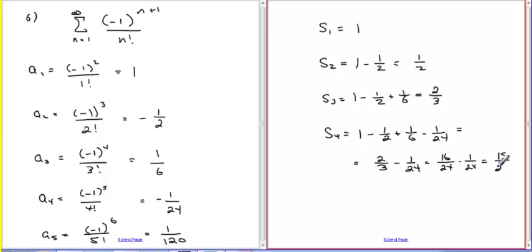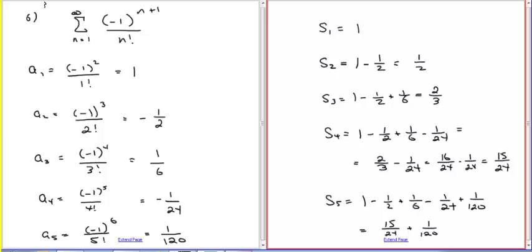And S5 is going to be 1 minus a half plus a 1/6 minus a 24th plus 120th. And I've already gotten the first 4 terms, 15 24ths plus 1 120th.